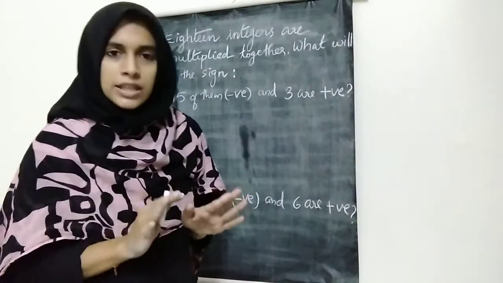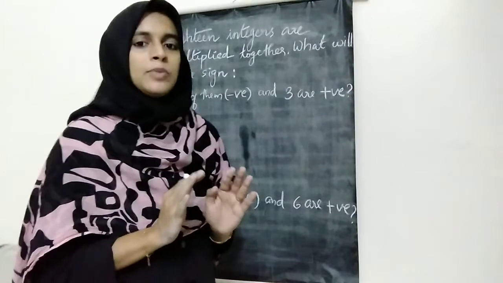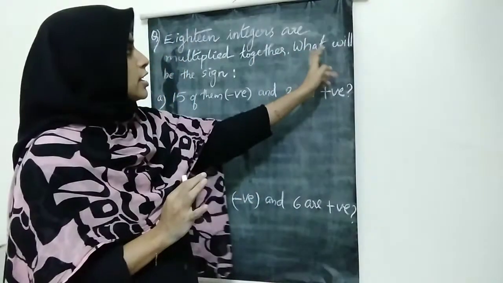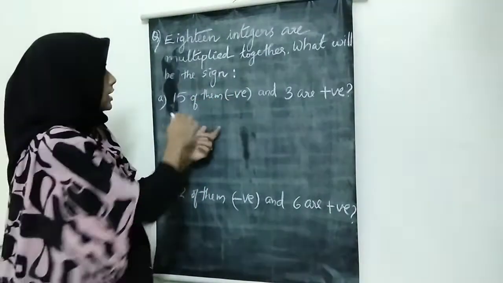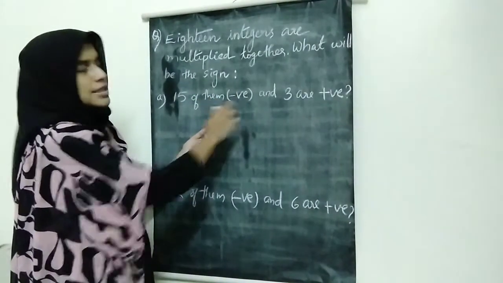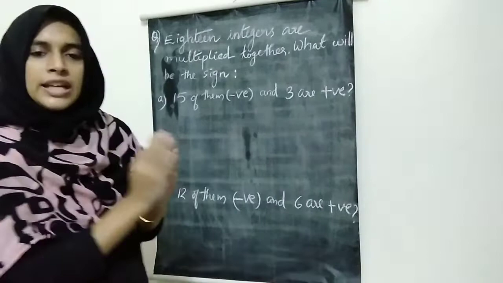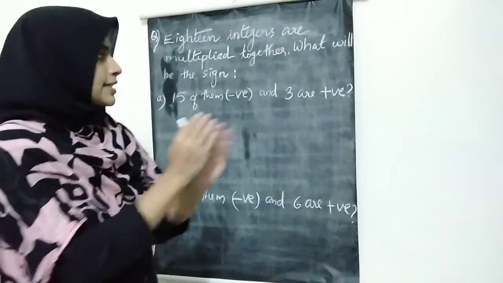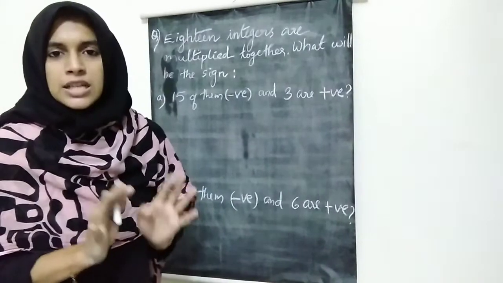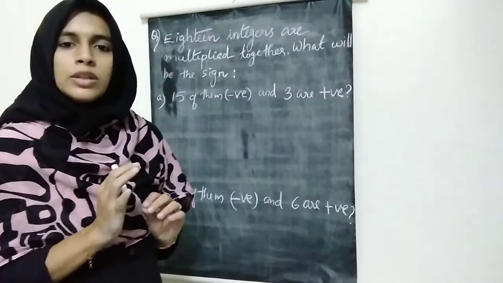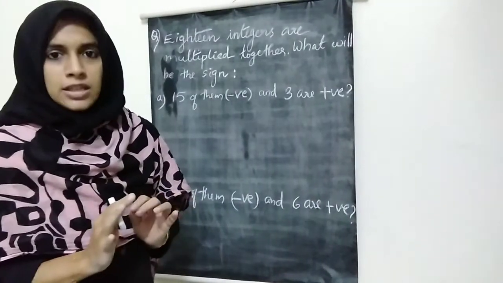In that, what will be the sign when we multiply? 15 of them is negative, 15 negative integer and 3 positive integer. We don't know which are the integers.